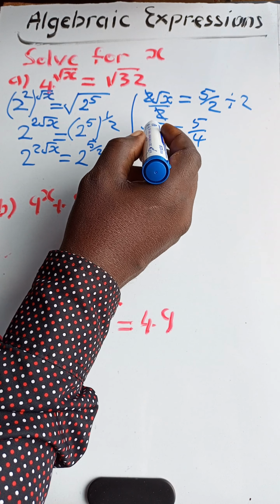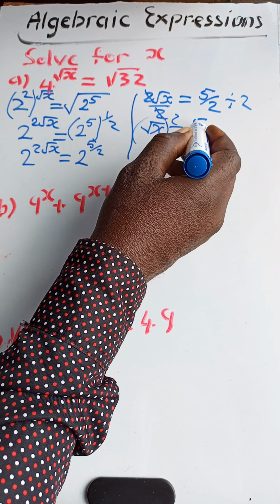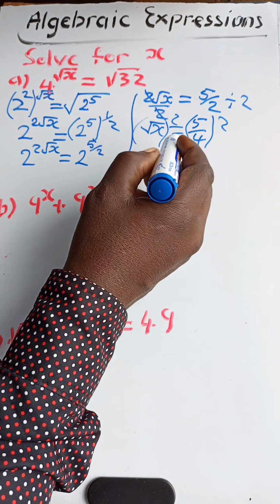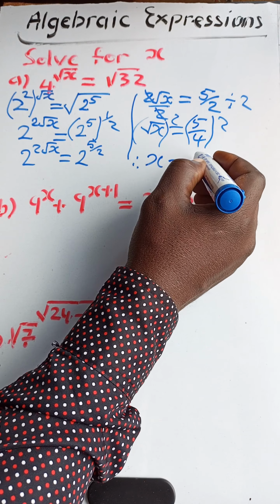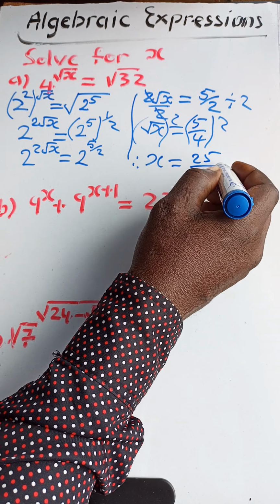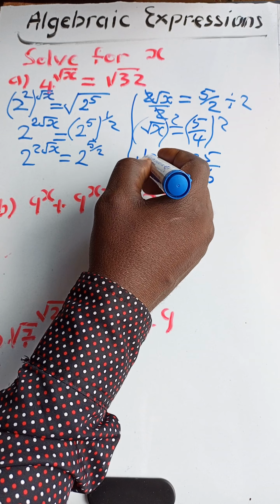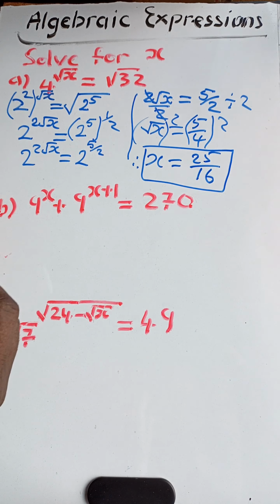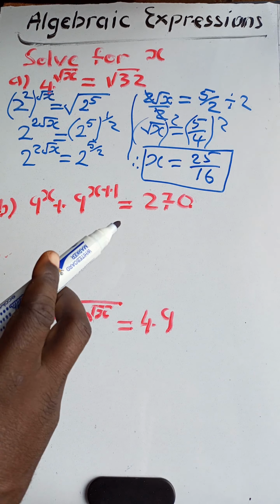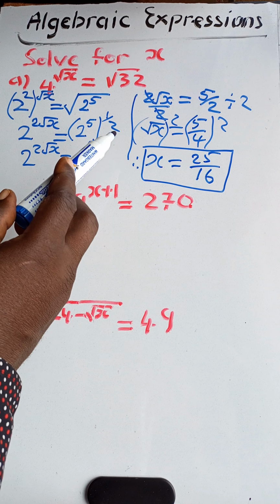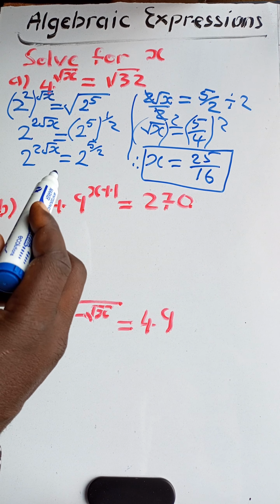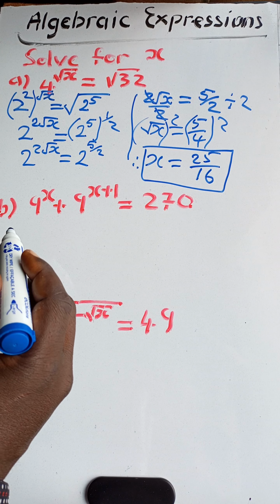To remove the square root, we have to square both sides. So this gives us, therefore, x to be 5 squared is 25 and 4 squared is 16. Okay? So the solution to this exponential equation is x equals 25 all over 16.